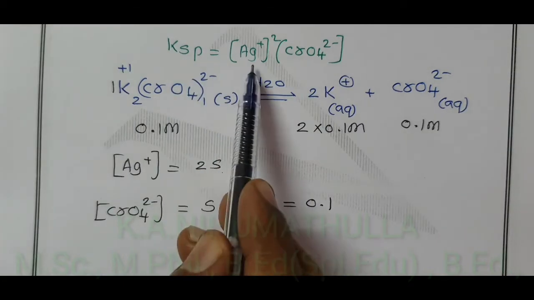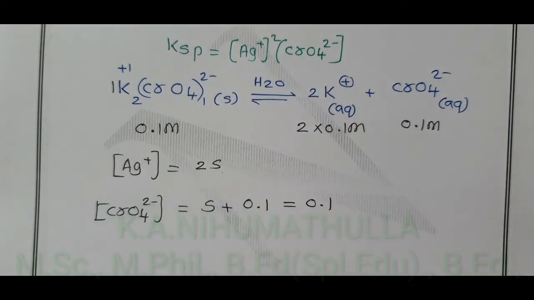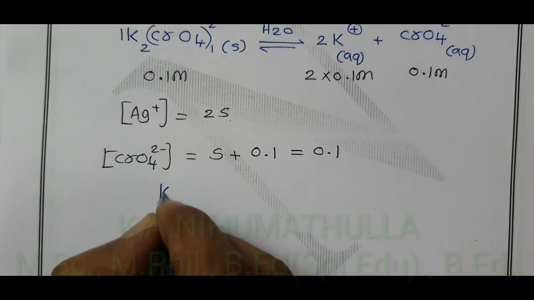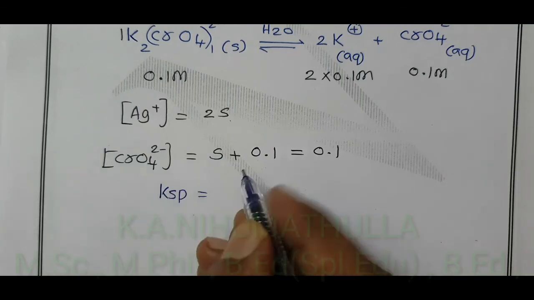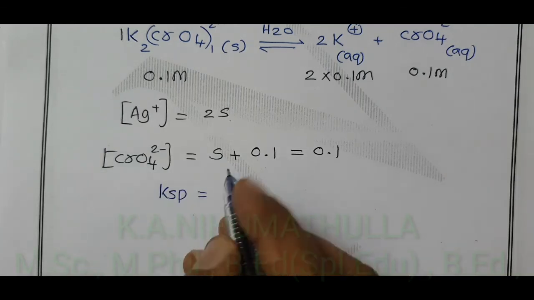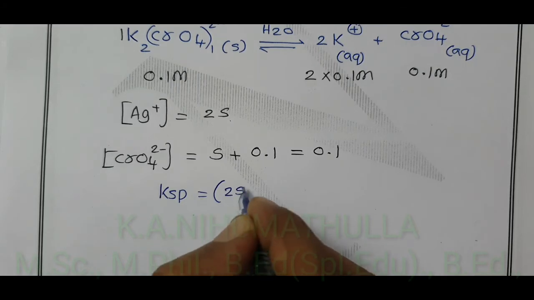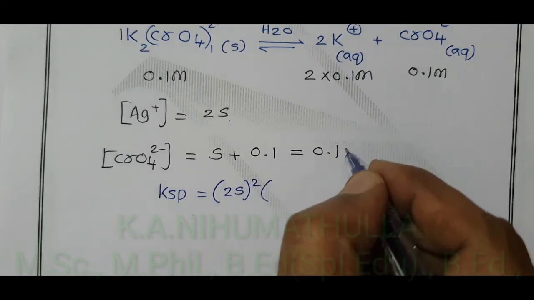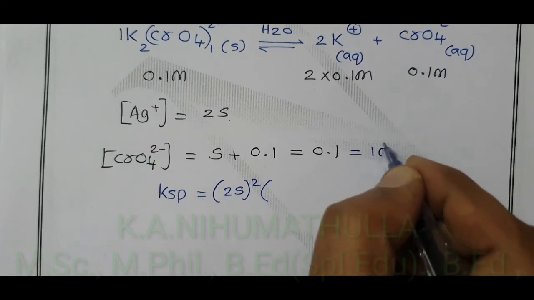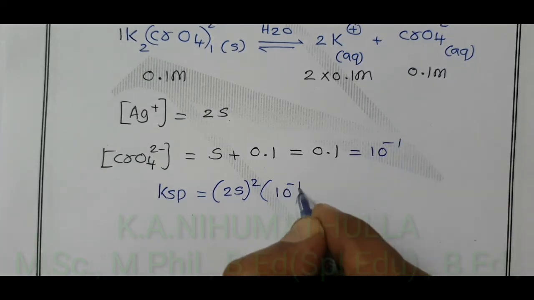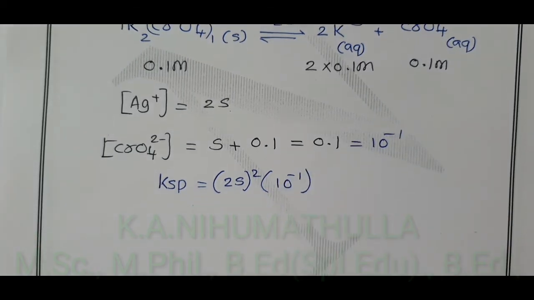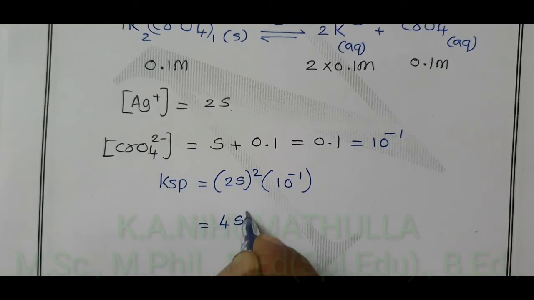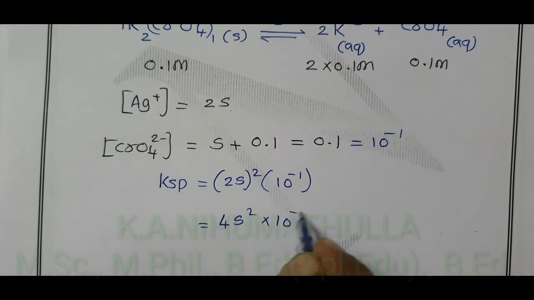Ksp equals Ag plus squared and chromate 2 minus ion. Therefore, Ksp equals Ag plus ion concentration 2S squared into chromate 0.1, that is also written as 10 power minus 1. Therefore 10 power minus 1 power 1. 2 squared equals 4S squared into 10 power minus 1.